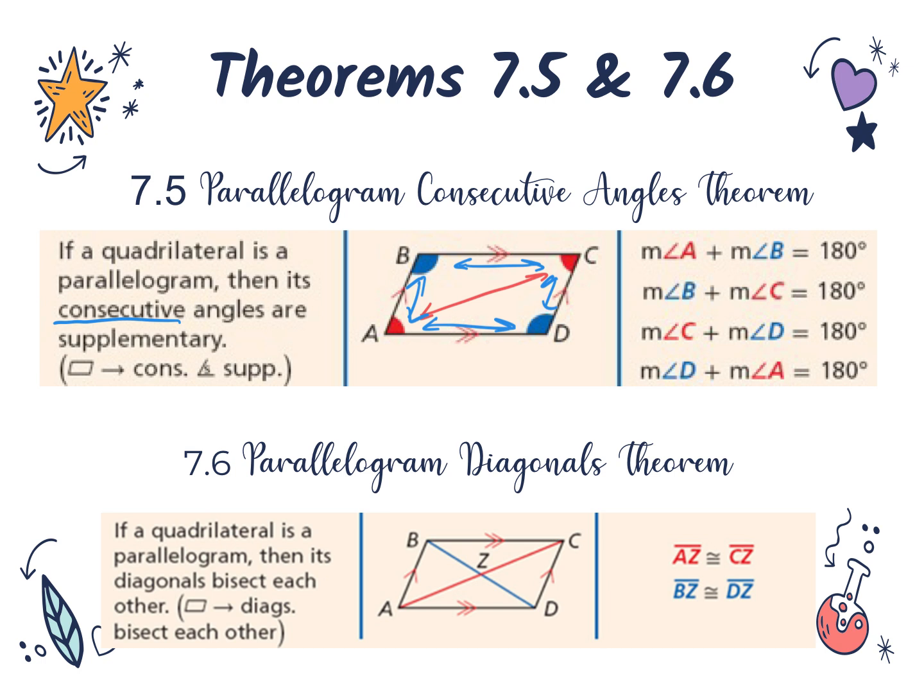So that's going to tell us that if they bisect each other, AZ and ZC are going to be congruent. Same for BZ and ZD are going to be congruent, which is what we have written down on the right side of the square. Just remember, they bisect, so it means they're going to be congruent within each other.